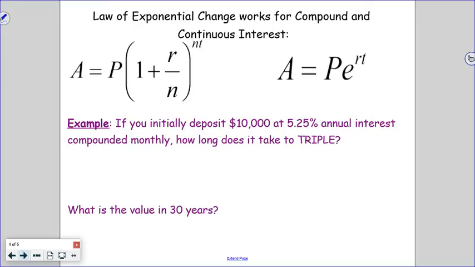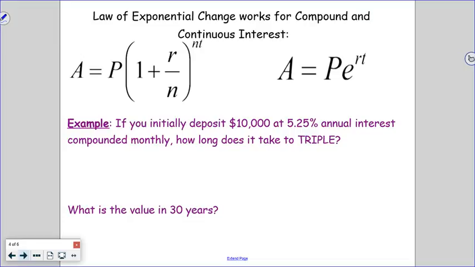Typical words you hear for that would be monthly, 12 times a year; quarterly, 4 times a year; weekly, 52 times a year; daily, 365 times a year. But mostly monthly and quarterly would be the common ones. And then time represents how many years your money is left in whatever account it's talking about.